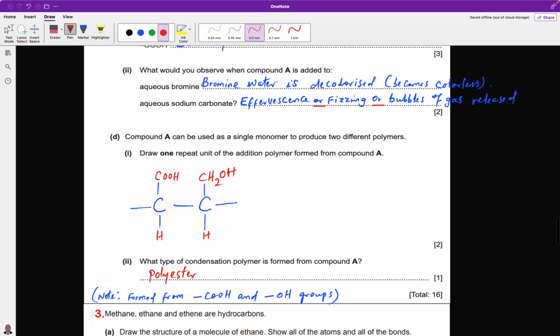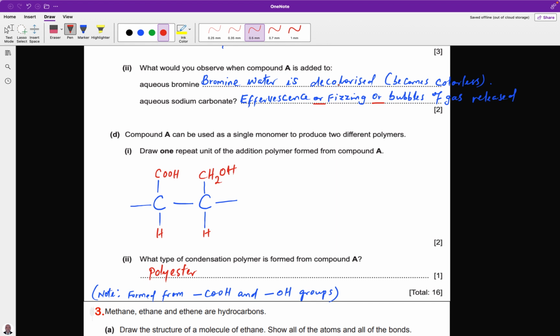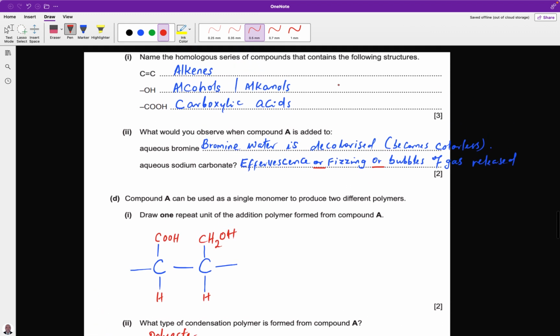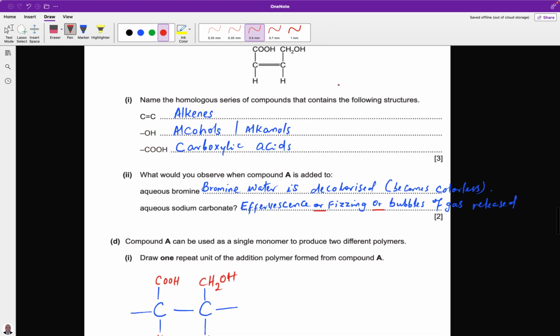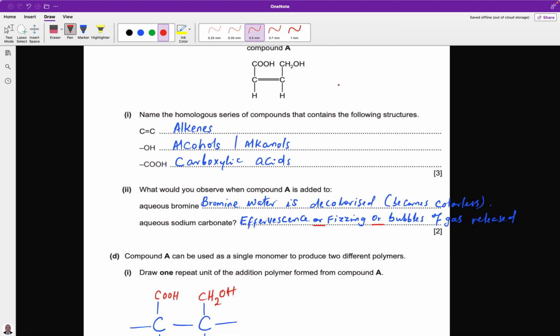Okay, D part of it. Compound A can be used as a single monomer to produce two different polymers. One: draw one repeat unit of the addition polymer formed from compound A. Addition polymer. Addition reaction will only occur with alkenes.